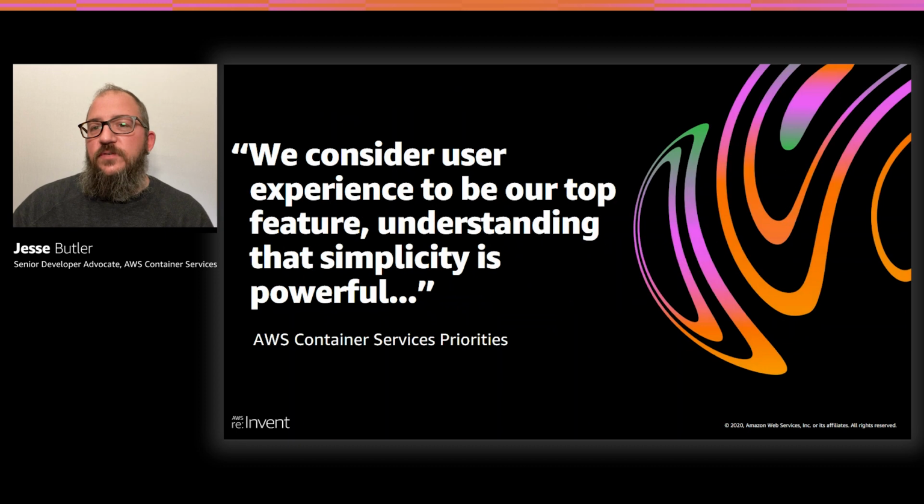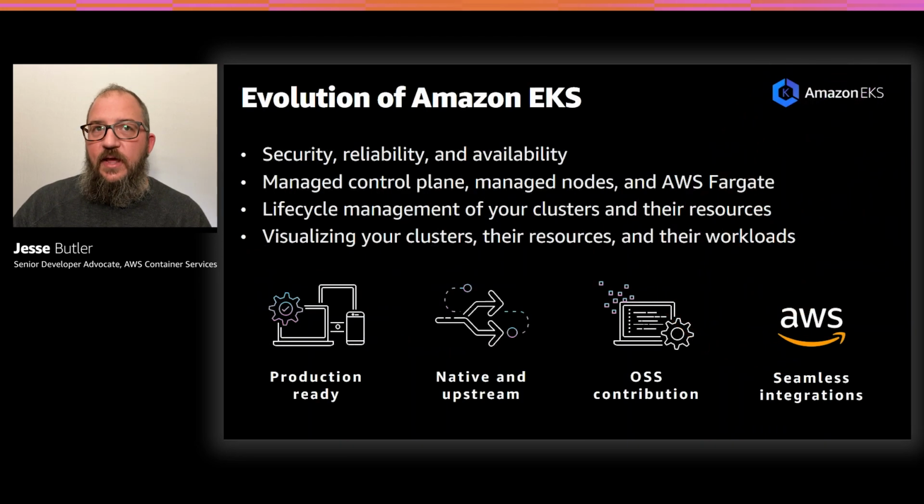So from the container services priorities, we have this statement. We consider user experience to be our top feature, understanding that simplicity is powerful. So if you look at the evolution of Amazon EKS, foundationally, it started with security, reliability, and availability being paramount principles.